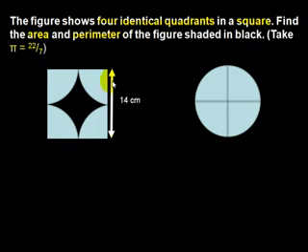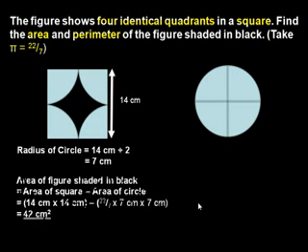Since the length of this square is 14 centimeters, the radius will be 14 divided by 2, 7 centimeters. So the area of the shaded figure in black is the area of the square, 14 times 14, minus the area of the circle, pi times radius times radius. And the answer will be 42 square centimeters.